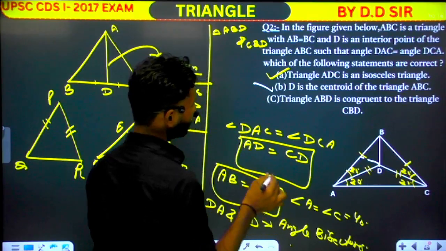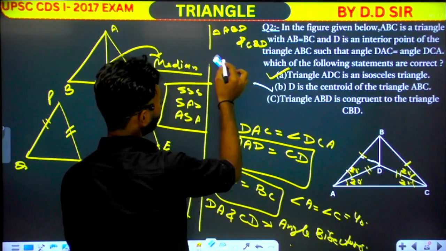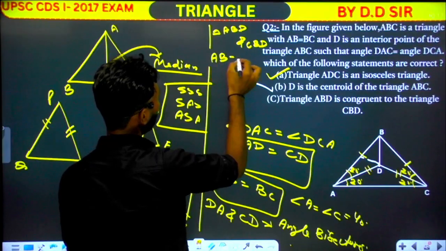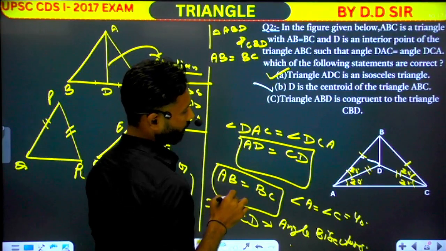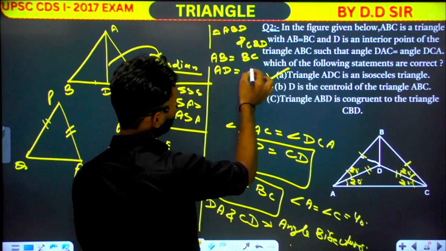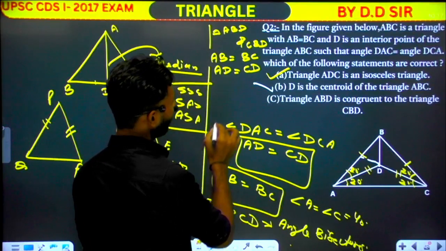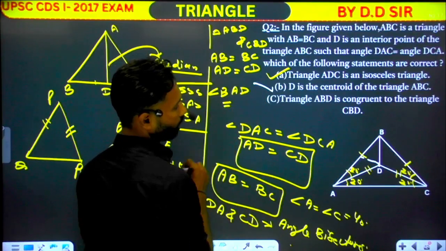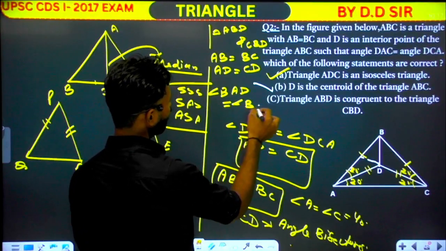I can say side AB is equal to side BC. One side equal. I can say AD is equal to CD. Two sides equal. I can say angle BAD is equal to angle BCD.